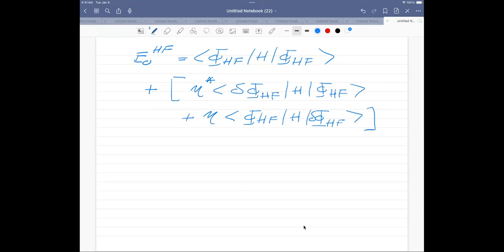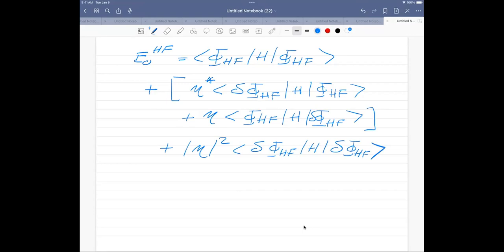So these are the terms which are linear, and then I have a term which is quadratic in this eta. So I'm simply setting in this new wave function, and I'm going to calculate these different expectation values.